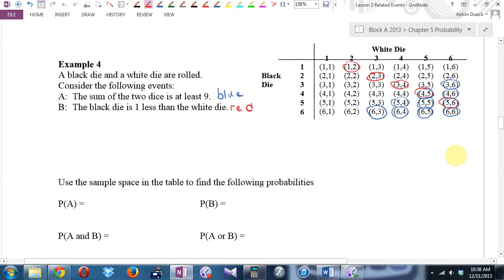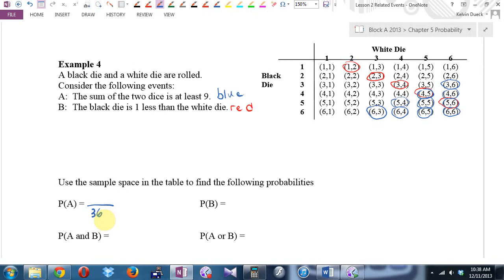What's the probability of A? Well, first of all, there are 36 possible outcomes. In how many of them is the sum of the two dice at least 9? You should have circled on your own paper and you can count in front.